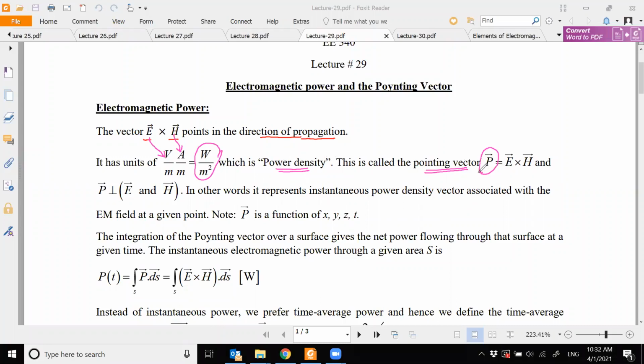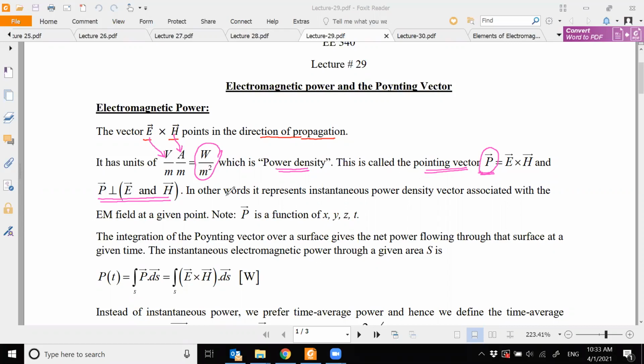So P bar is called E cross H, Poynting vector. And we know this property very well, that P bar is perpendicular to E and H. Why? Because P is E cross H, so it will always be perpendicular to the plane in which the electric and magnetic fields are.